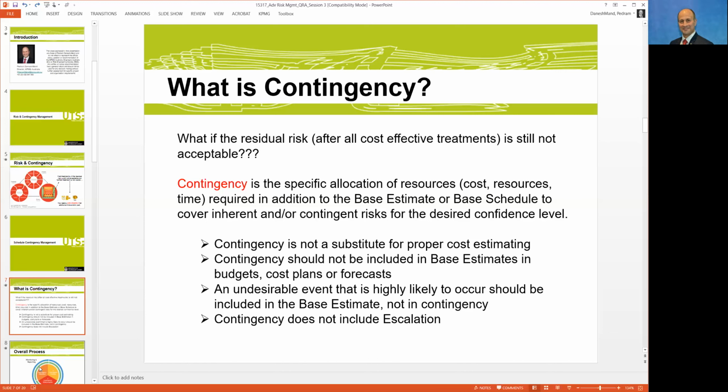If you have an undesirable event that is highly likely to happen, for example anything with more than 80% likelihood, the recommendation is that you take it out of the contingency calculation and put it as part of the base estimate and base schedule. And last but not least, contingency shouldn't include escalation, which is how prices will change over time.